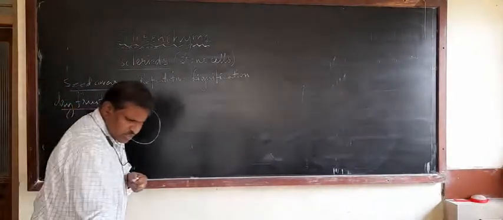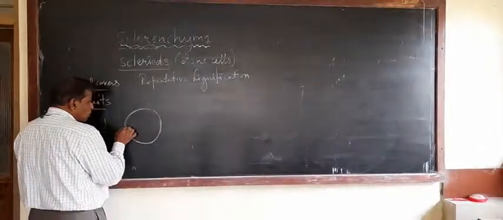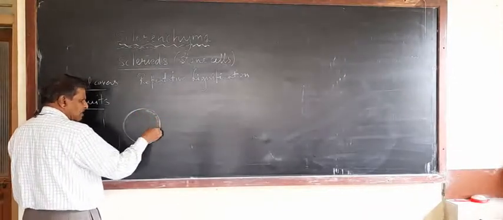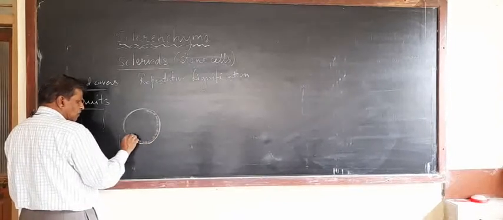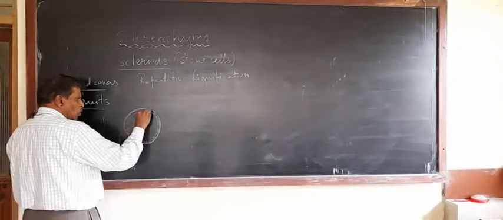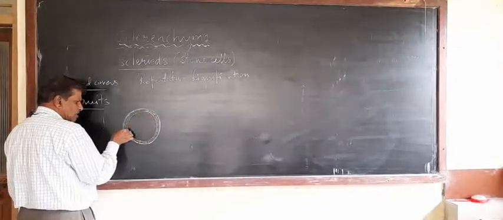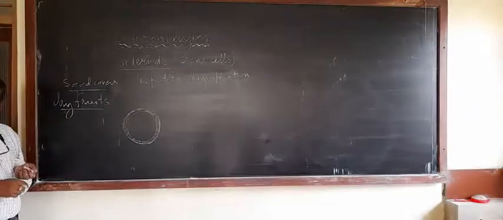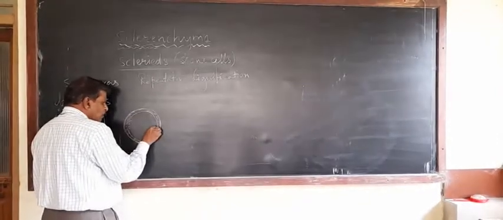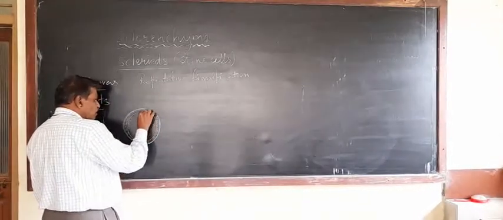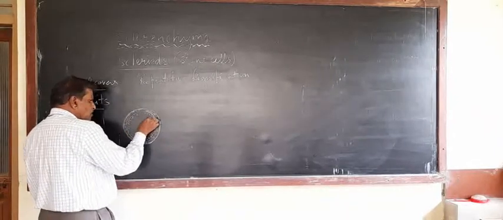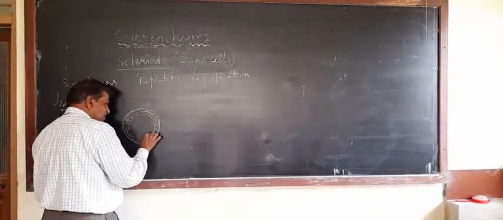What happens here is there is a deposition of the lignin. When the lignin is getting deposited for the first time, there is a formation of one layer of lignin. Over this, the lignin is getting deposited for the second time also. When the lignin is deposited for the second time, another layer of lignin is formed.